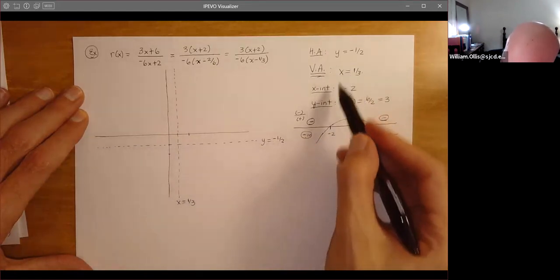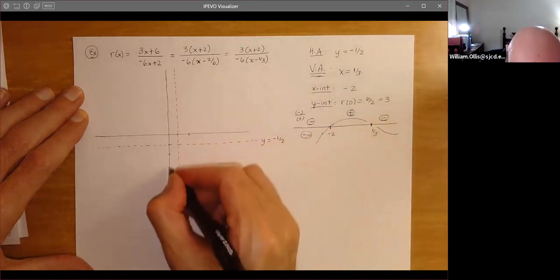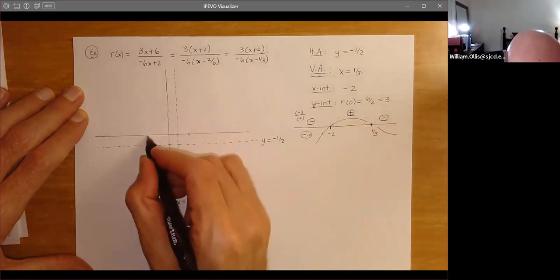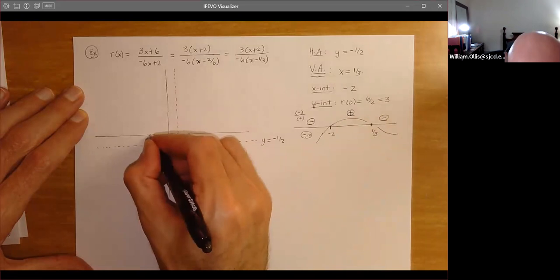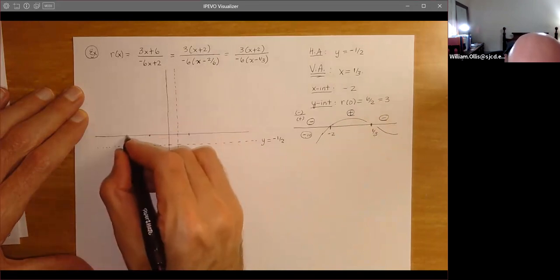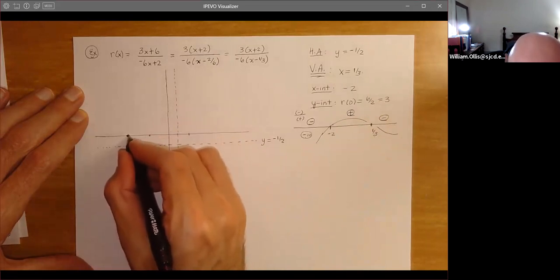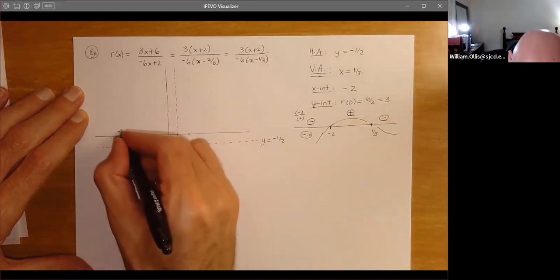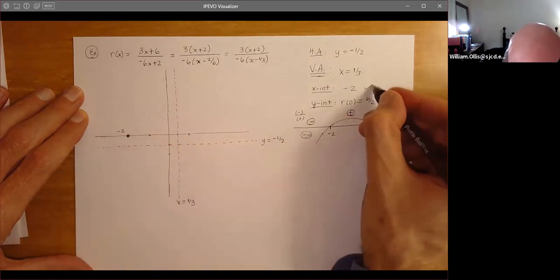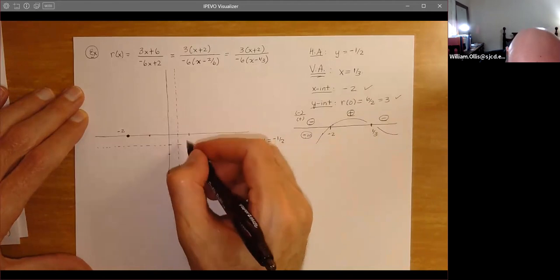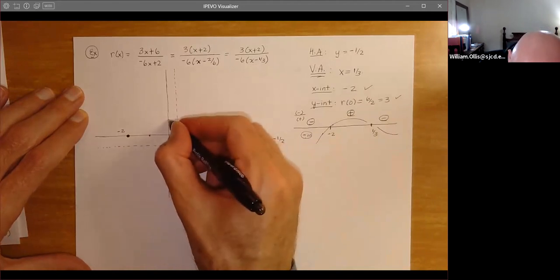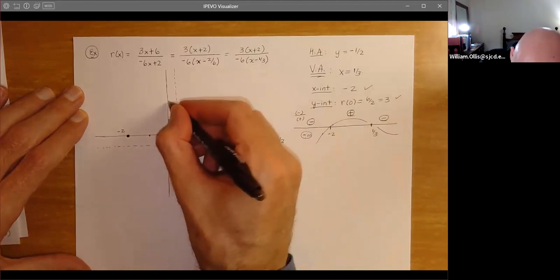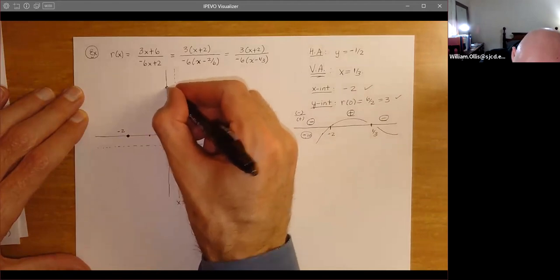And then we have x-intercept of -2. Oh, sorry, negative x, but it has to be on the x-axis, right? So about right here. -2. So we've got that, and we have a y-intercept of 3. So here we have a 1, a 2, and a 3.